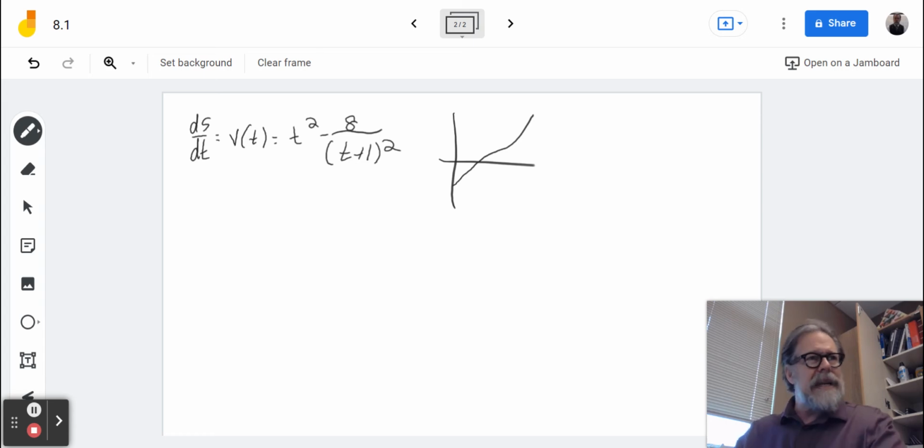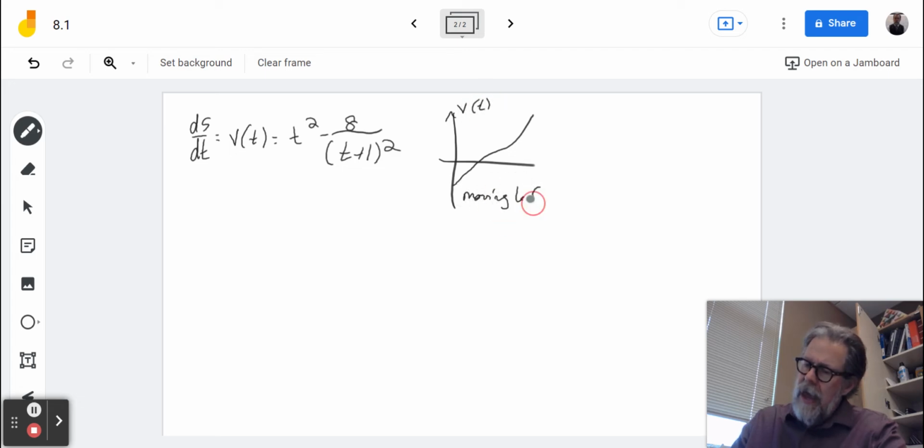When velocity is negative, we're moving to the left, and because it's getting closer to 0, we are slowing. And when velocity over to the right here is positive, we know that we're moving to the right, and because it is increasing, we know that we are speeding up.